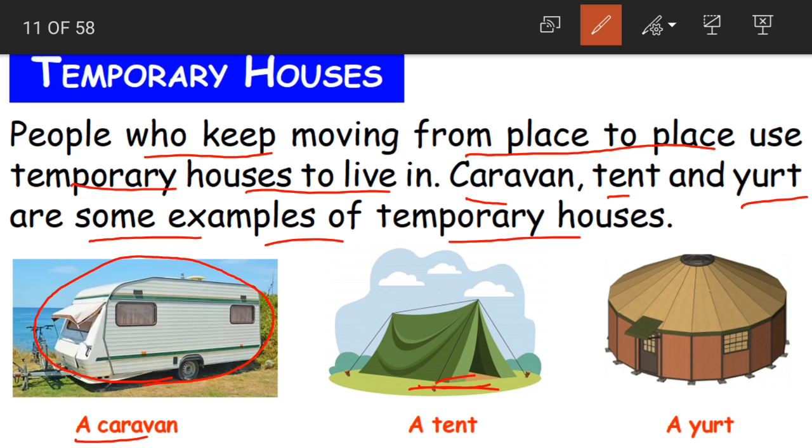And this yurt is also made of cloth, but a very thick cloth, so that you are protected from the sun rays and the cold when you are living in these tents.